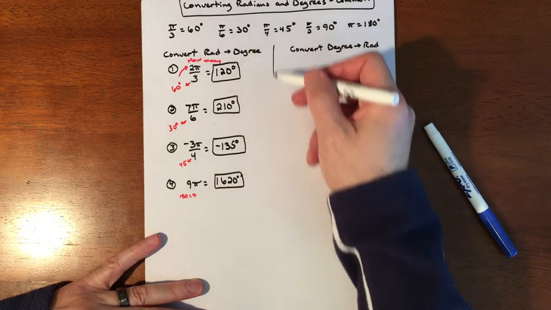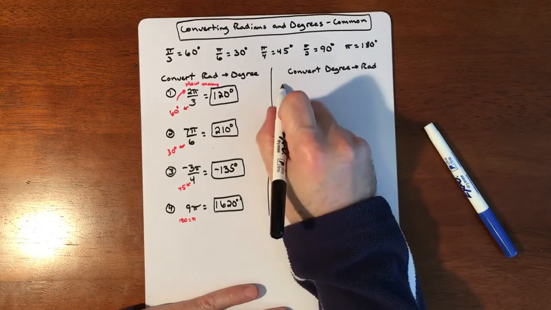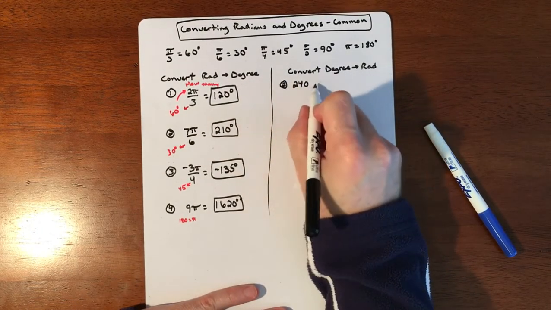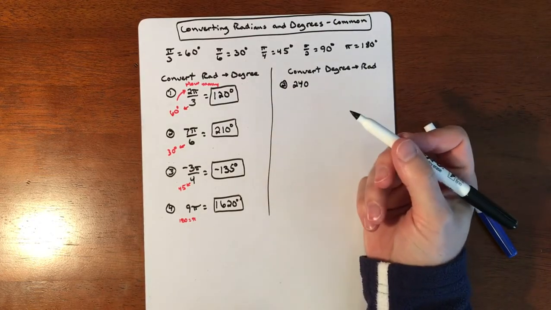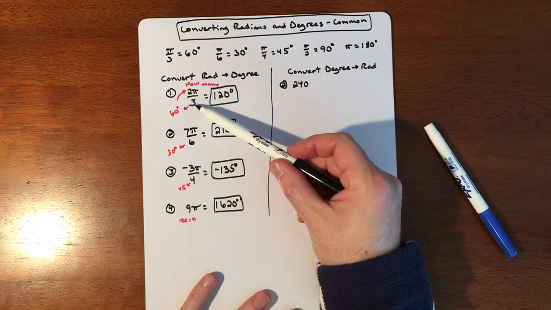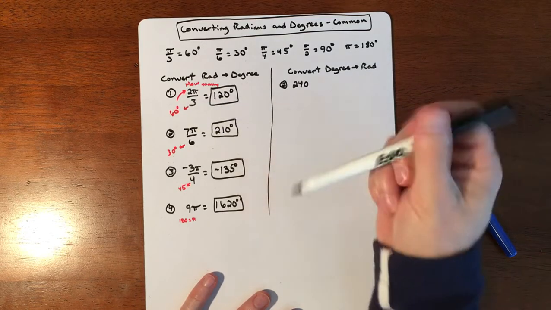Okay, so the other side of this is if we have, let's say, 240 degrees, and you want to convert that. There's another connection going on that's bigger than just that these are 60s. These are also reference angles.